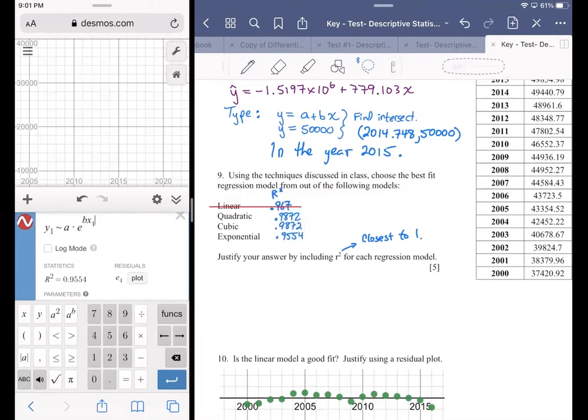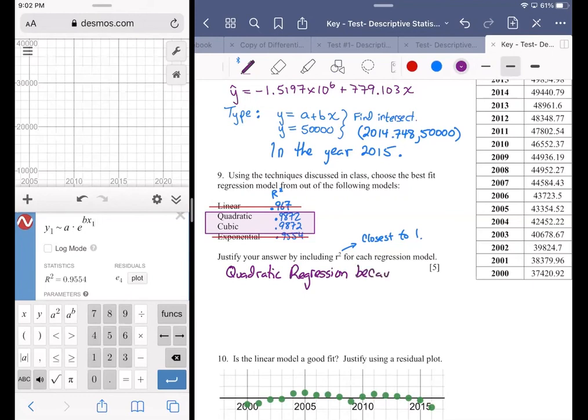All right, so we know that this one didn't win. So our choices are quadratic or cubic. The tie goes to the simpler model. So the choice would be a quadratic regression, because it has the same R squared as cubic, but is a simpler function.